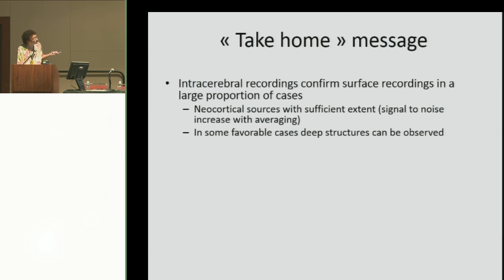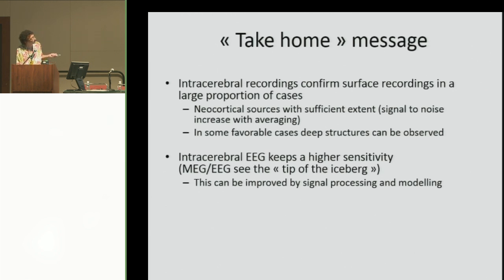And in some favorable cases, deep structures can be observed, such as the hippocampus. Of course, intracerebral activity keeps a higher sensitivity because we're really within the brain or on top of the brain. And MEG-EEG is only the tip of the iceberg, but maybe it's the nice part of it still, when it becomes really synchronous. And this can surely be improved by signal processing methods and modeling, so ICA, source localization, biophysical modeling, computational modeling.